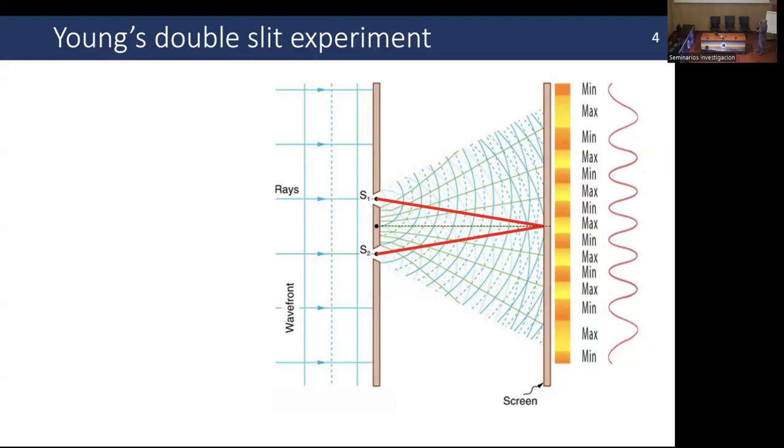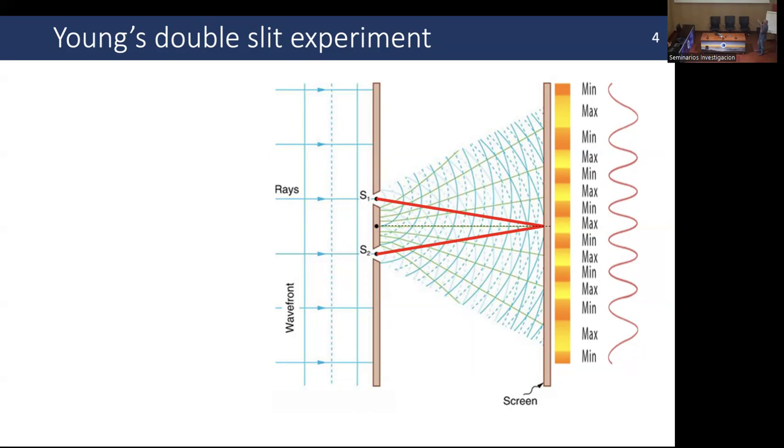So I start by comparing with phase interferometry or amplitude interferometry. I think you all remember this old experiment by Young, the double slit experiment, where you have a plane wavefront arriving at a wall with two slits, and this makes the light produce an interference pattern in the next wall, right?